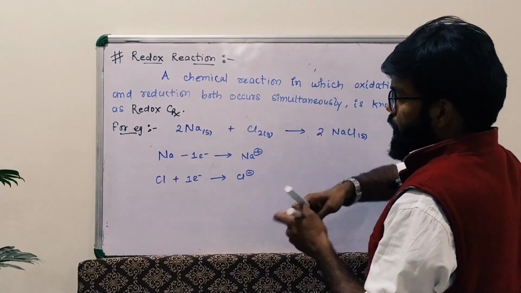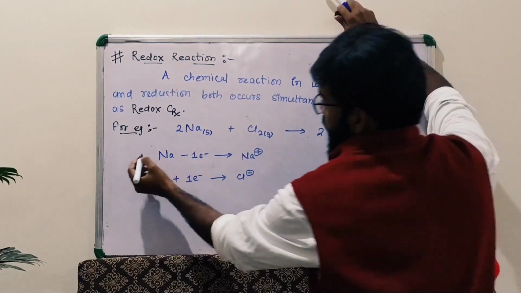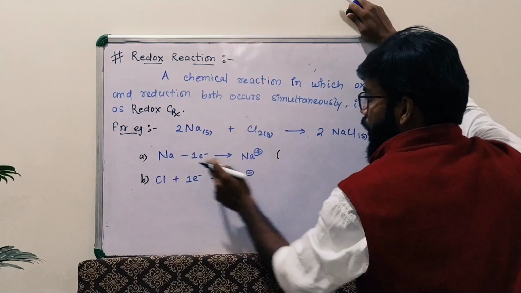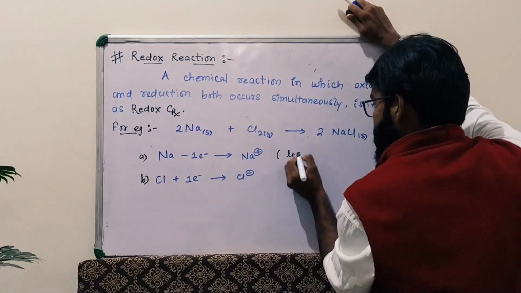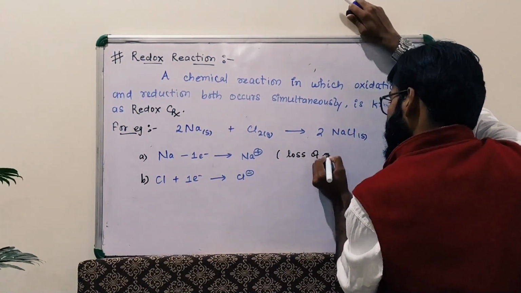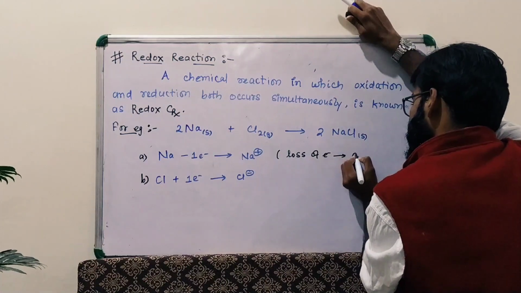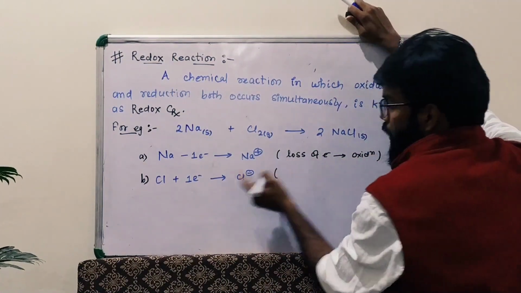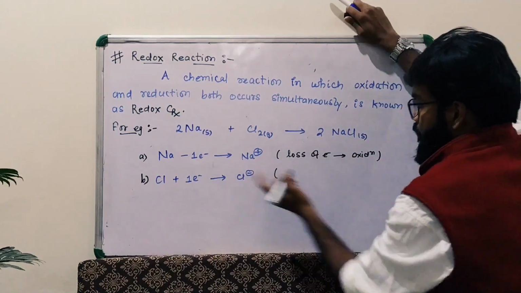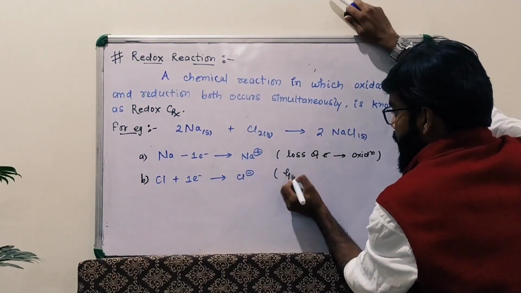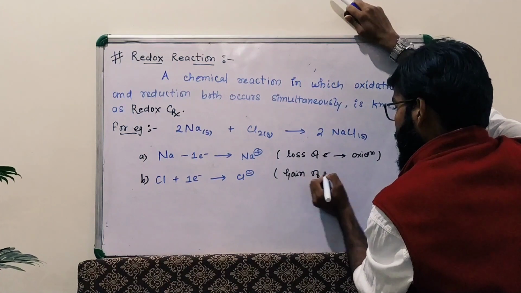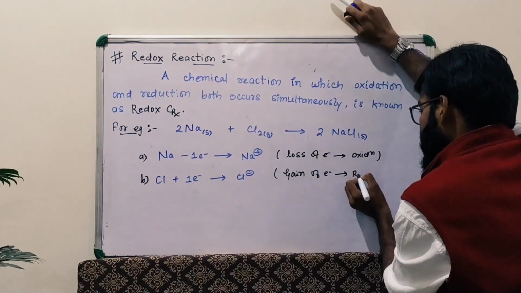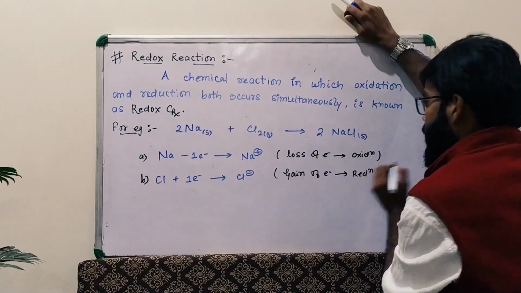So in the above reaction, in case A, loss of electron takes place. It means that oxidation occurs. In case B, gain of electron takes place. It means that reduction occurs.